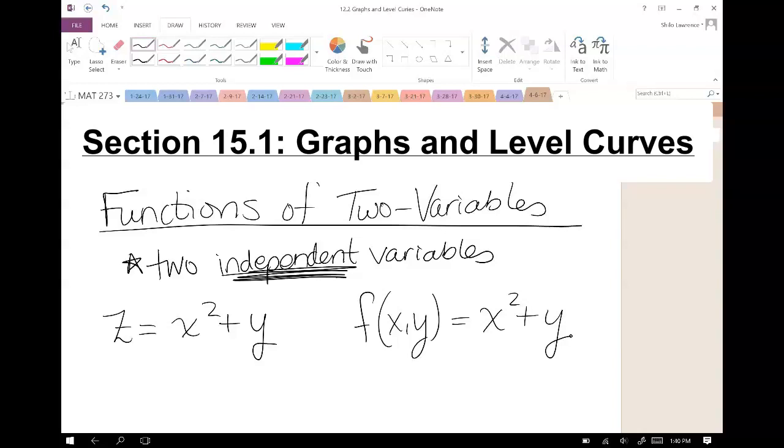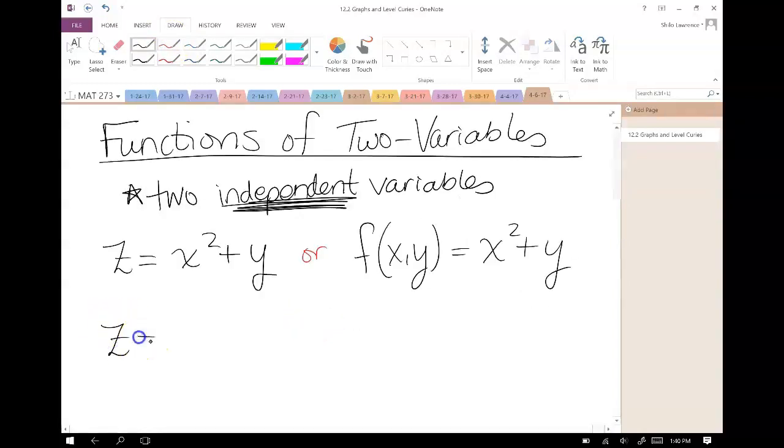So we could either use z or we could use function notation. z equals the natural log of xy, just another example. A function of two independent variables. We get to choose what we plug in for x and y, and then once we plug them in and do the calculation, it spits back a z value for us.